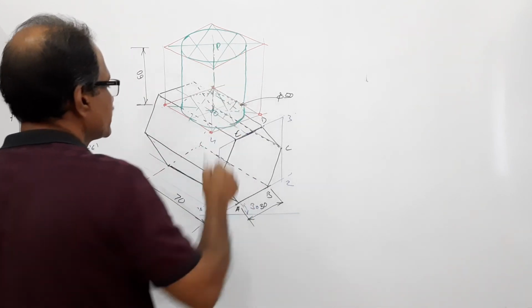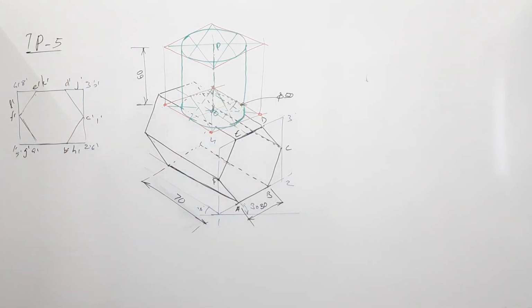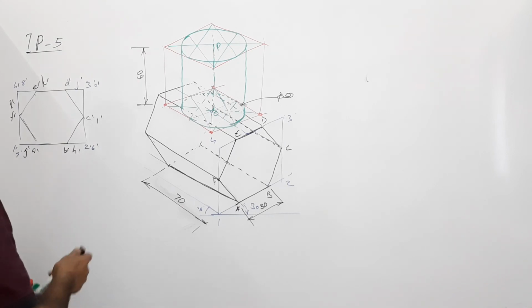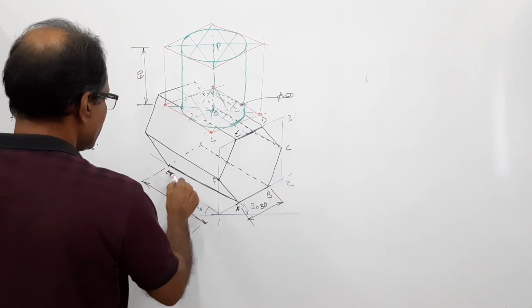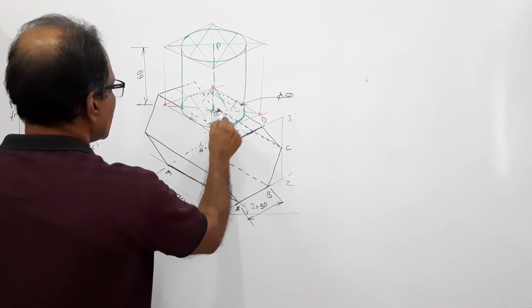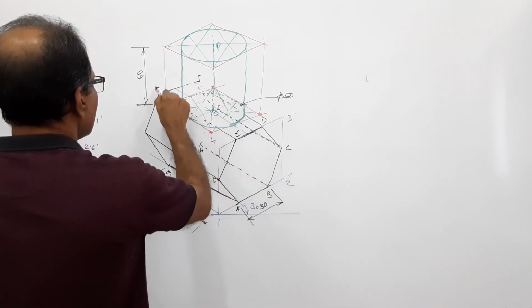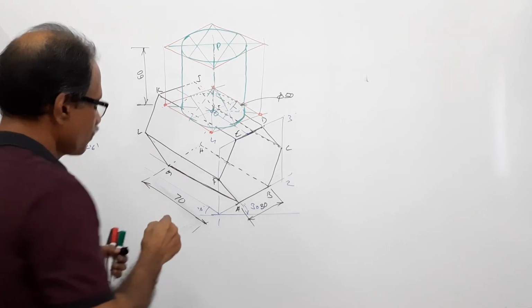OP, axis of the cylinder. These corners A, B, C, D, E, F, G, H, I, J, K, L.